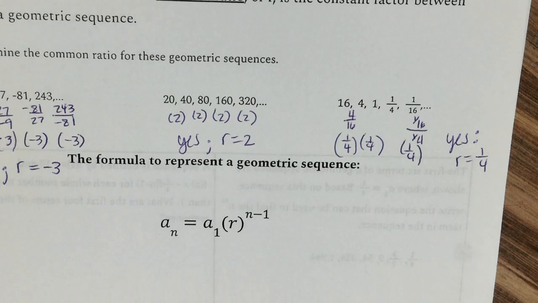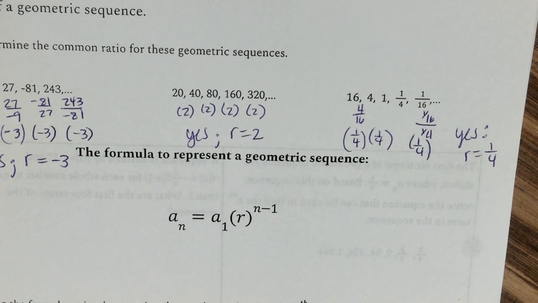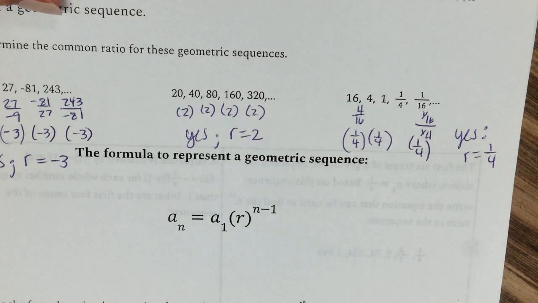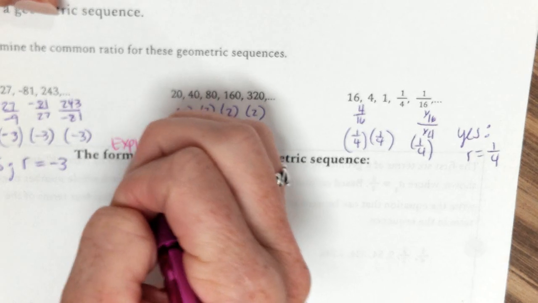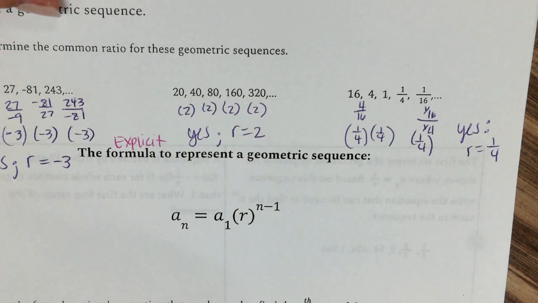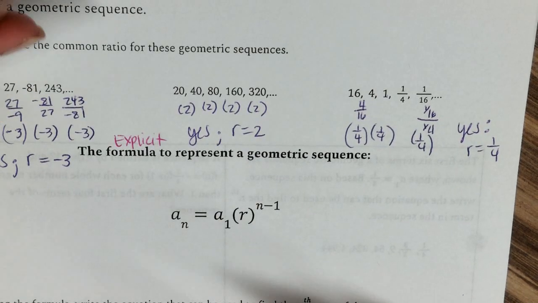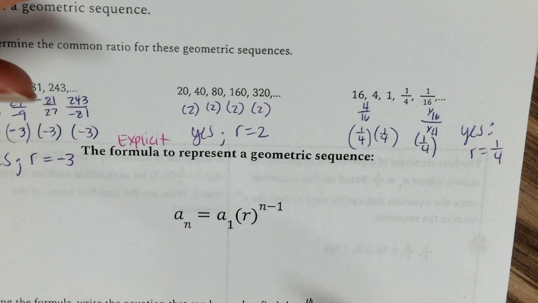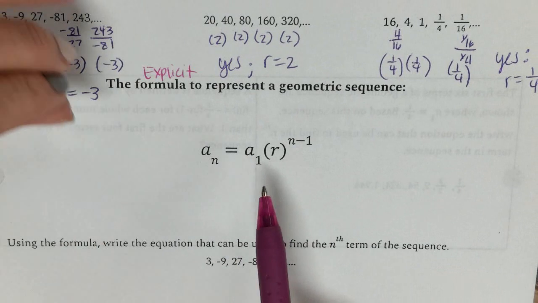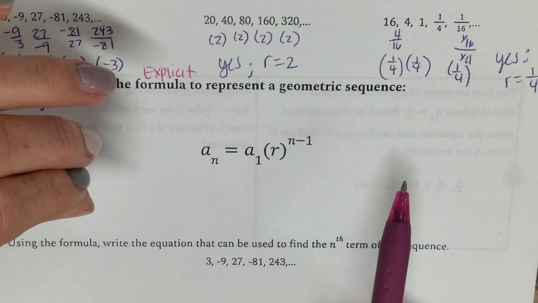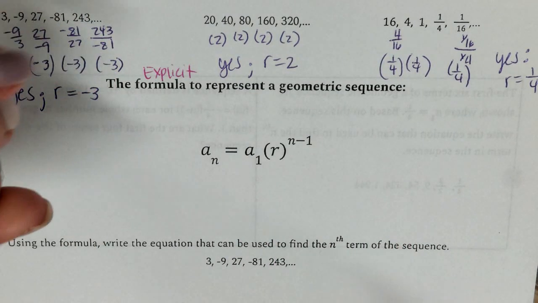Okay, so let's look at the explicit formula. So remember, this is going to be called the explicit formula. Sometimes they'll call it the explicit equation that represents a geometric sequence. Does it kind of look like a times b raised to the power of x? A little bit, yes.